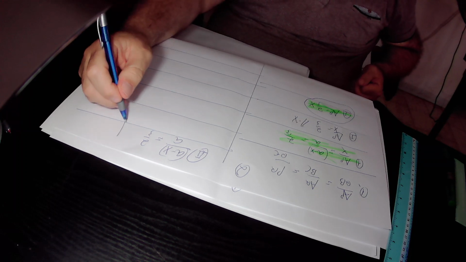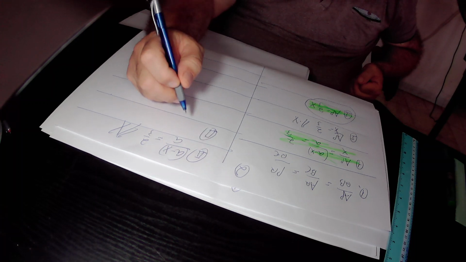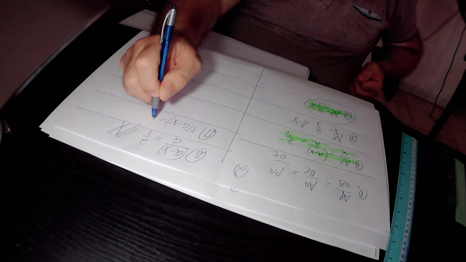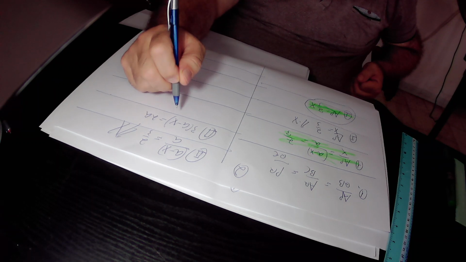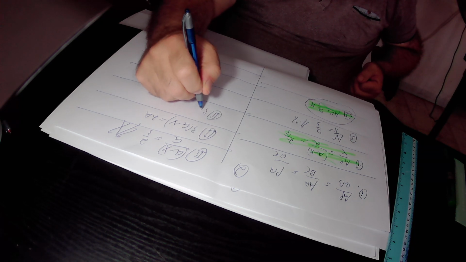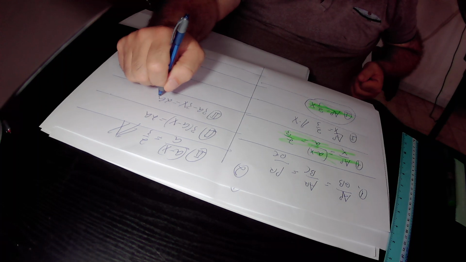Here we cross multiply this equation 2, and we get that 3 times A minus X equals 2A. We open the brackets on this side of the equation, and get that 3A minus 3X equals 2A.